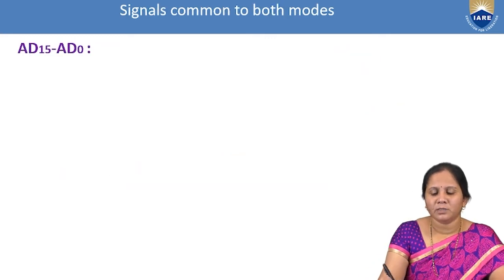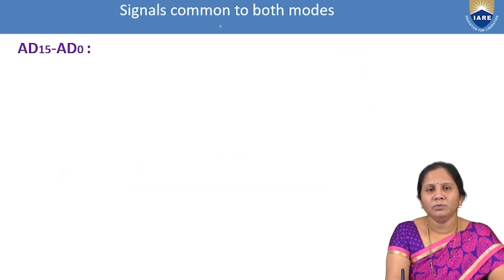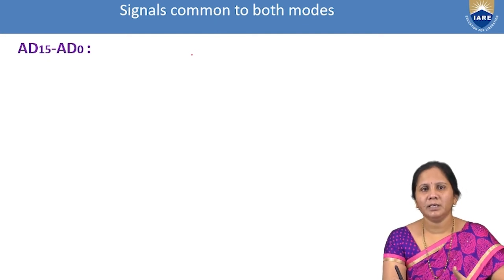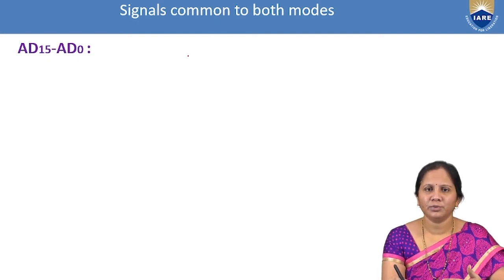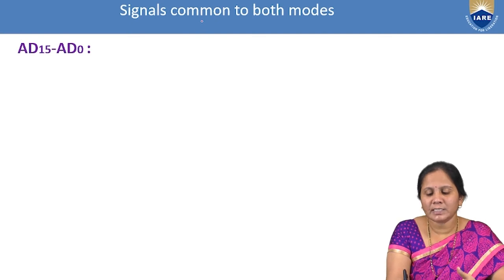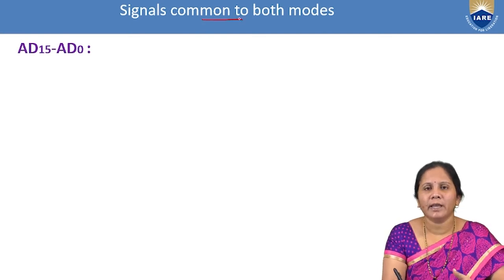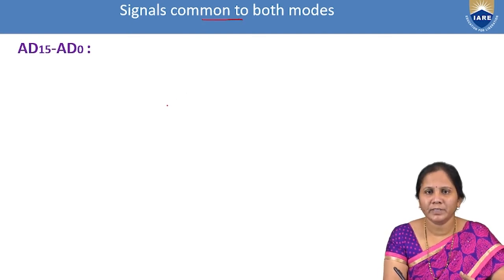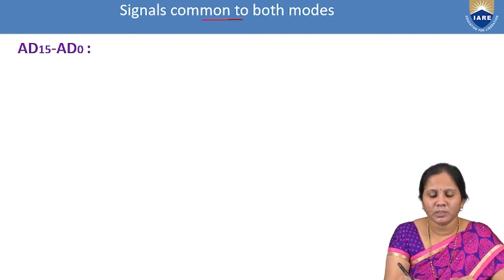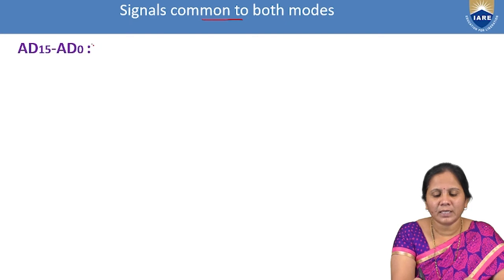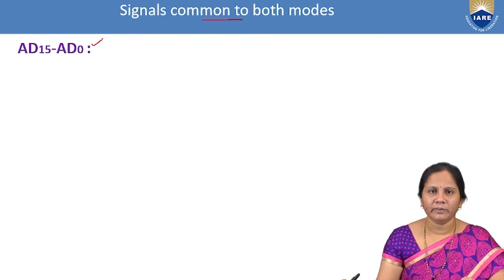Next, as we have seen, all the signals have been classified into different types. First we will discuss the signals that have the same common functionality in the minimum mode and maximum mode. The first signal is AD0 to AD15.